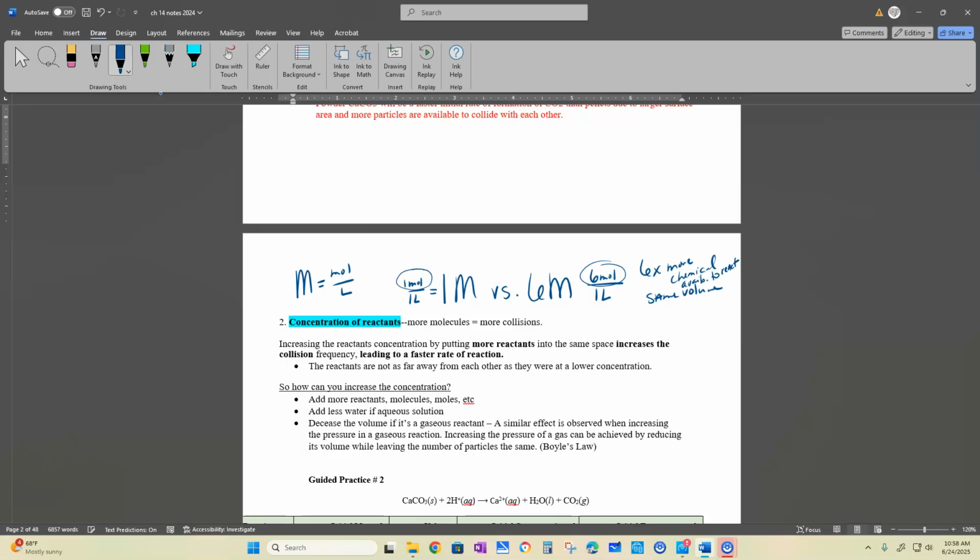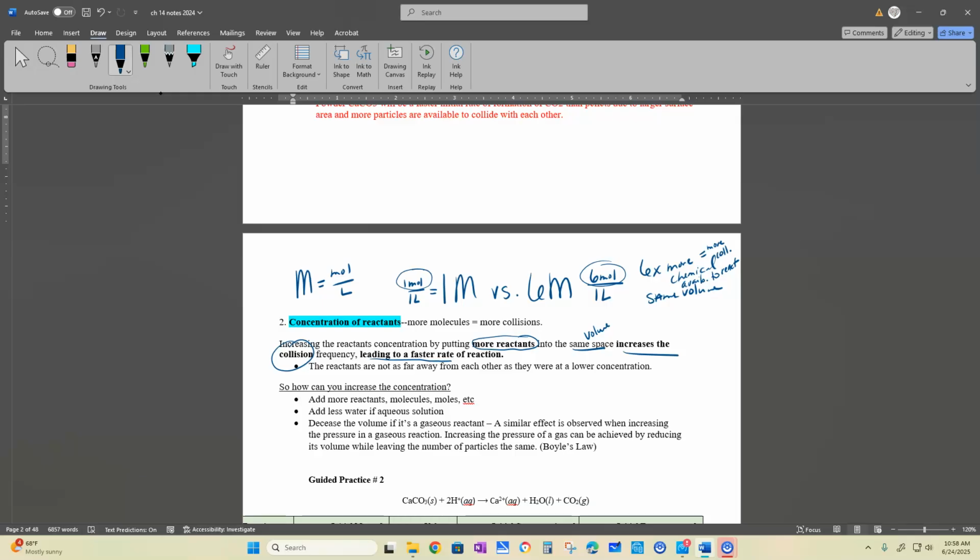That's going to get you what? More collisions. So increasing the reactants by putting more reactants into the same space, aka volume, I still had 1 liter, increases collisions, leading to a faster reaction.